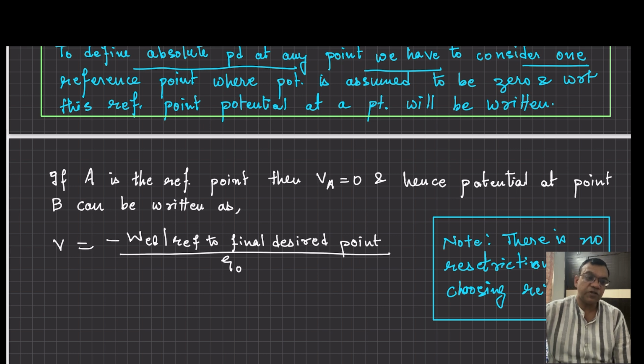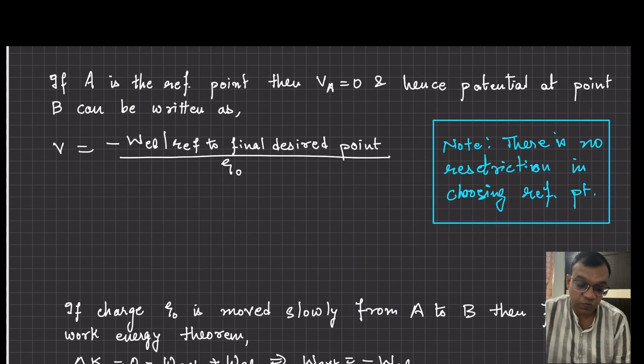It is very much similar to what we have seen in the work energy power chapters. Whenever we define potential energy, we define it with respect to some reference configuration. Same way here, the potential is defined with respect to some reference point.